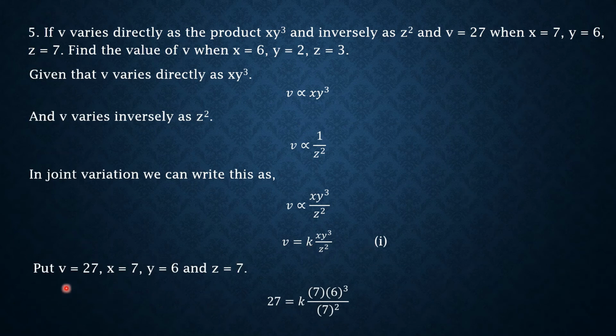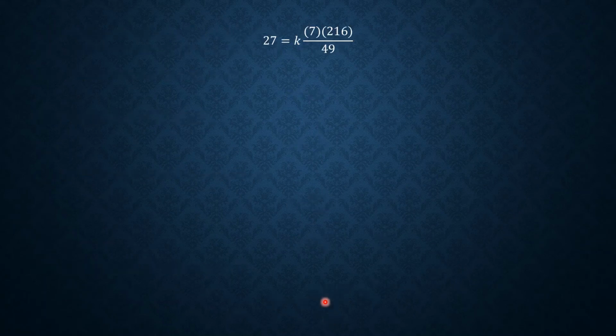Now first of all we will find the value of k. So we put v equal to 27, x equal to 7, y equal to 6 and z equal to 7 in equation number 1. We have 27 equal to k into 7 into 6 cube, y cube will be 6 cube, divided by z square, which is 7 square.